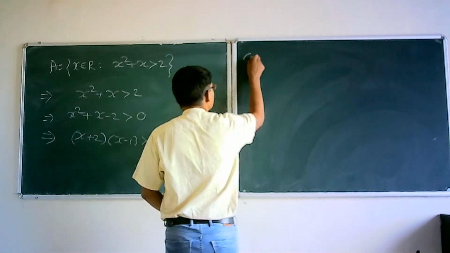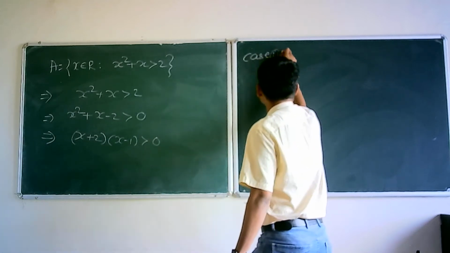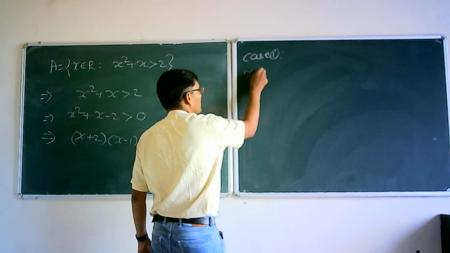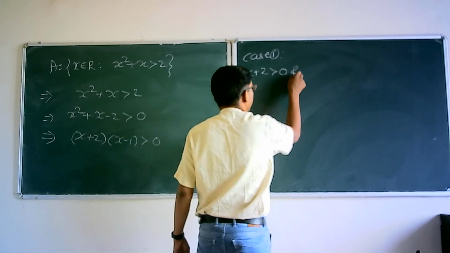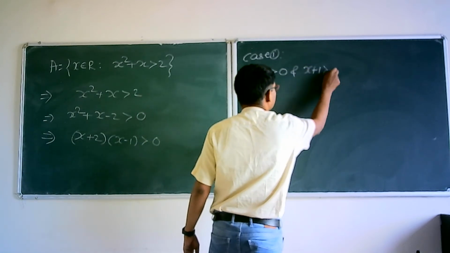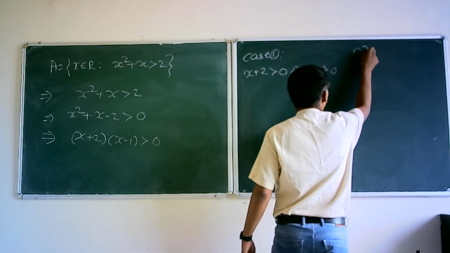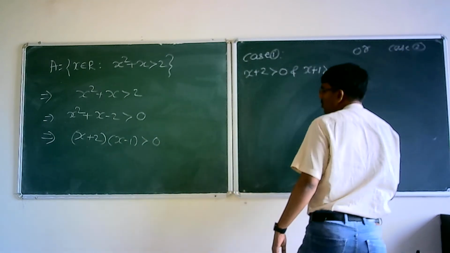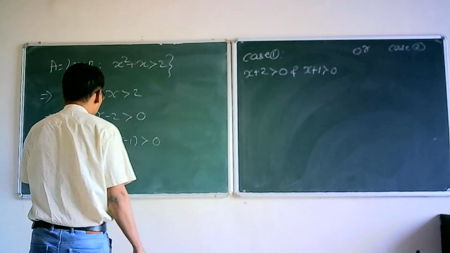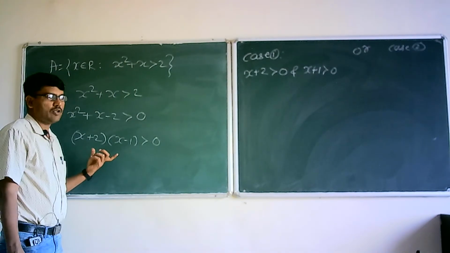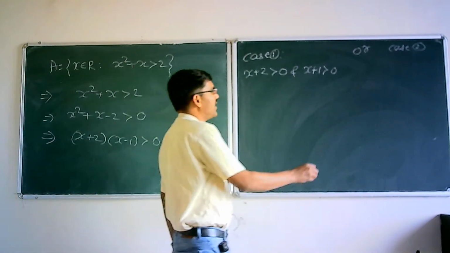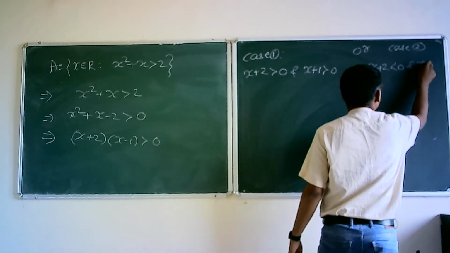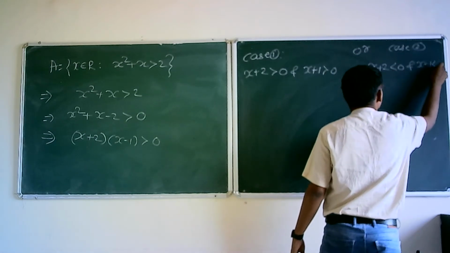Case number one, both numbers are positive, that is x + 2 > 0 and x - 1 > 0. Case number two, both numbers are negative, then again their product is positive. So this implies x + 2 < 0 and x - 1 < 0.